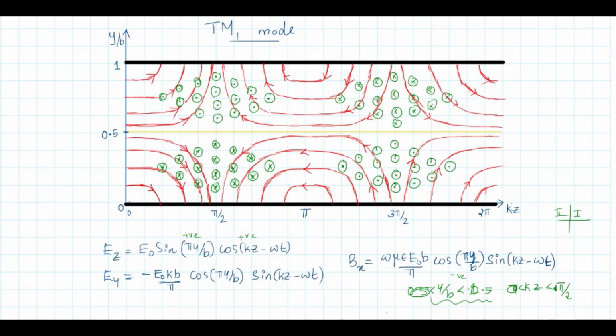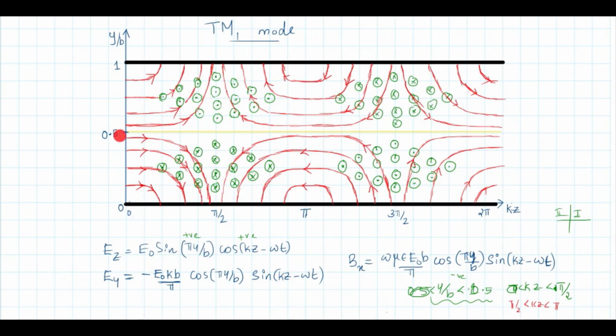Arrows are like this, between 0 to 0.5 in y direction and 0 to pi by 2 in z direction. But what happens if kz is greater than pi by 2? Between pi by 2 and pi, this cos term becomes negative. Second quadrant, this cos is negative.